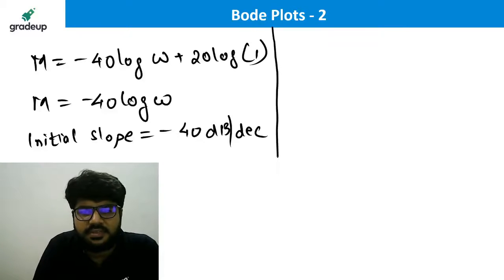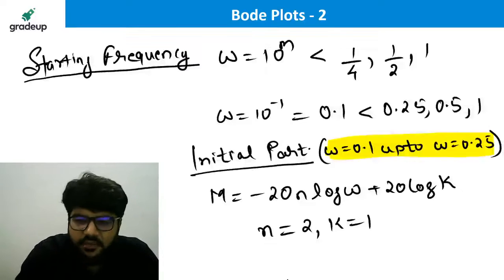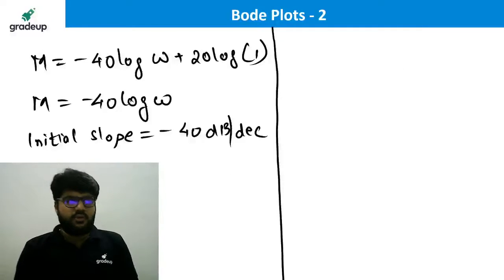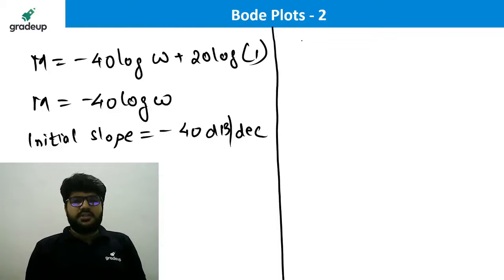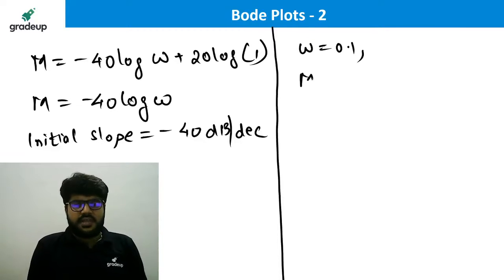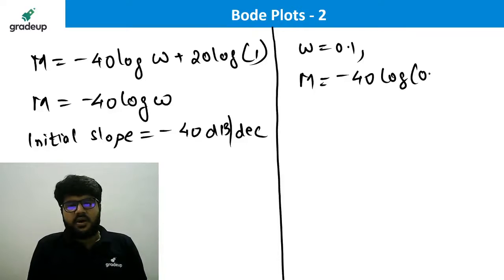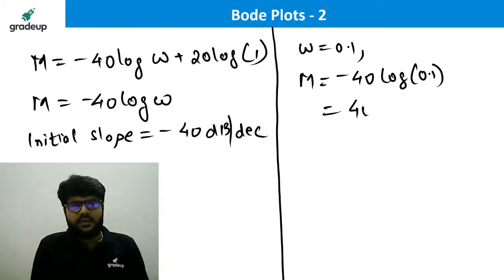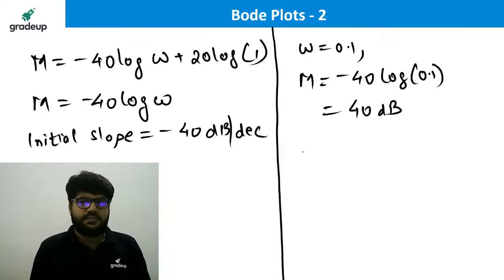Let me write down this magnitude for both the ends. 0.1 to 0.25 is the initial part. So omega equal to 0.1, the starting frequency: magnitude is minus 40 log of 0.1, which will come up as plus 40 decibel.